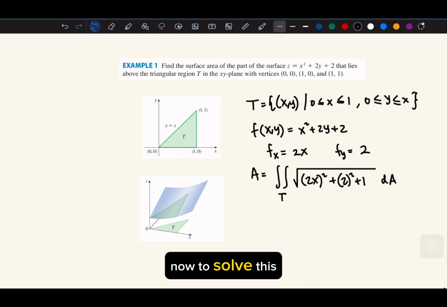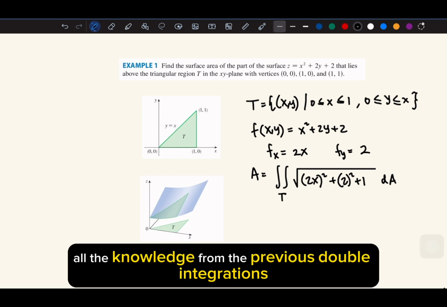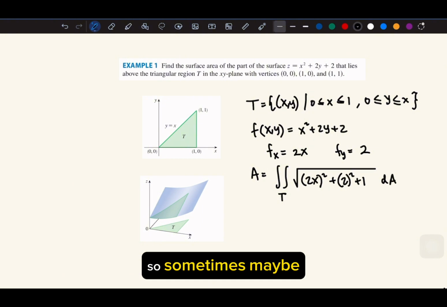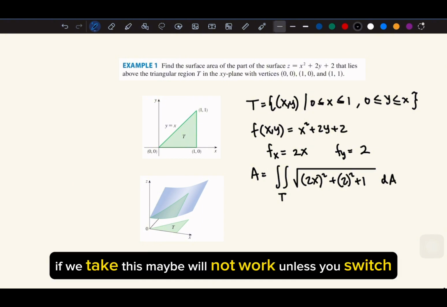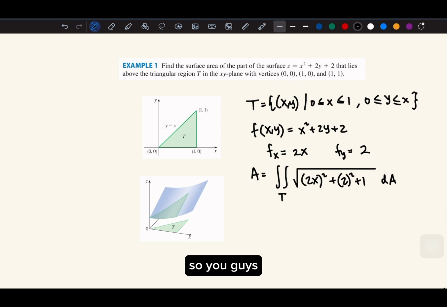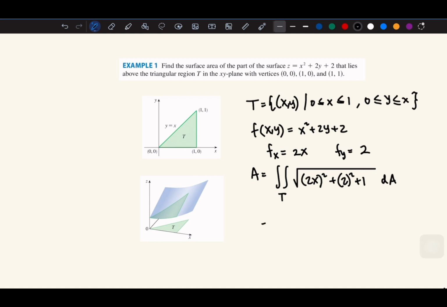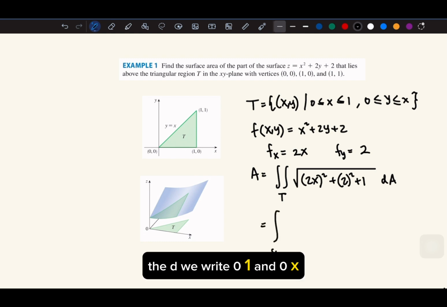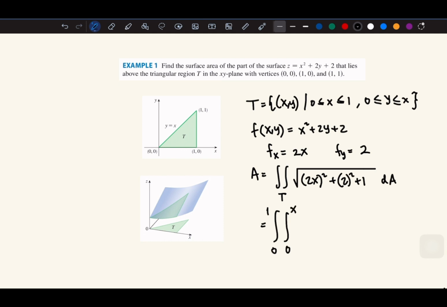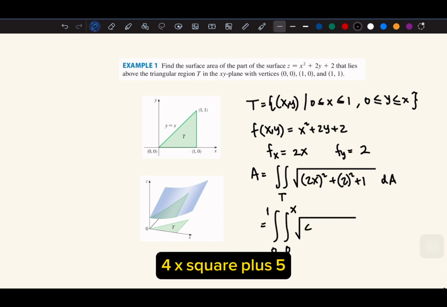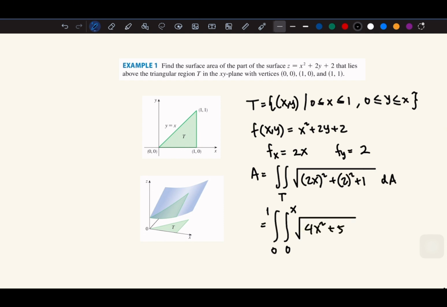Now to solve this, all the knowledge from the previous double integrations can be used. Sometimes if we take this, it will not work unless you switch, so you can switch, but I think this will work. We write 0 to 1 and 0 to x, and the integrand is the square root of 4x squared plus 5, dy dx.